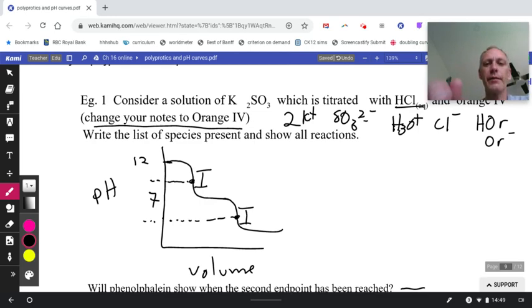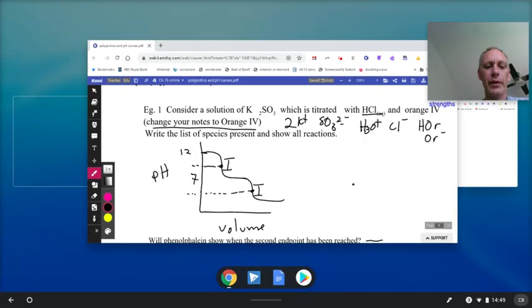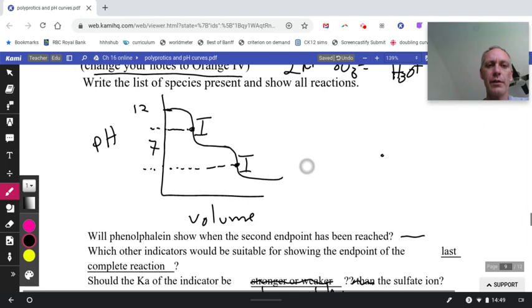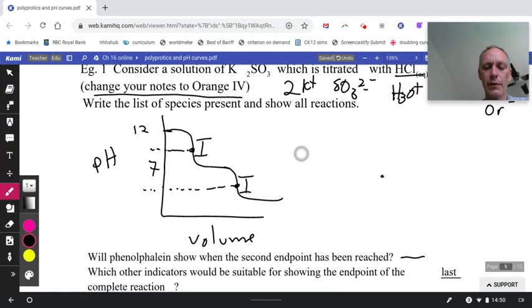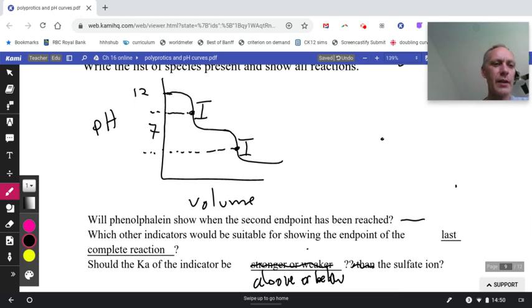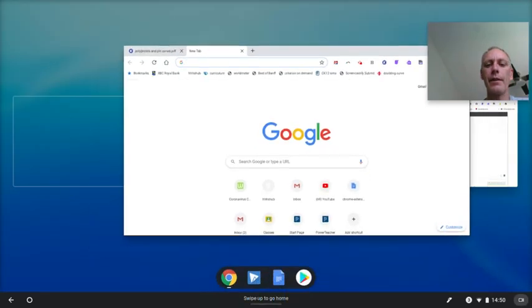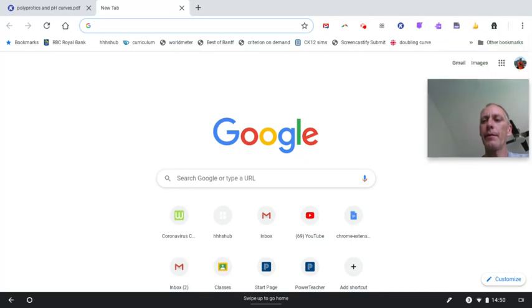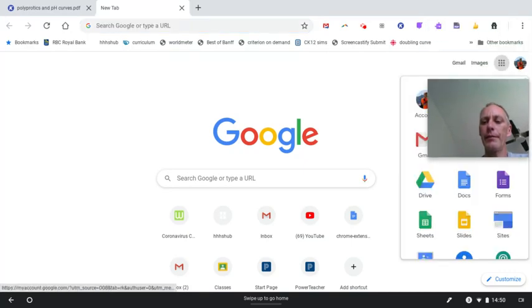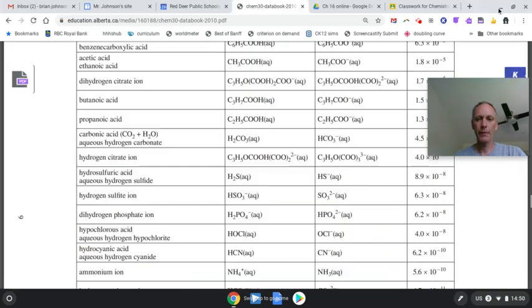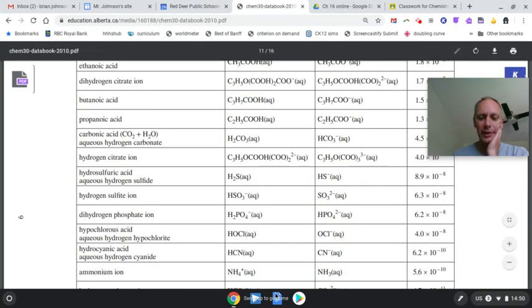How do I get there? Darn it. Let's try that again. Okay, hopefully I don't lose this slide. Darn it. I was jumping back. Oh, I know what I need to do. I need to go like this. That does it for me. Okay. I lost my train of thought.